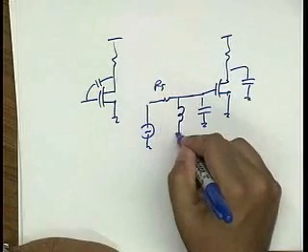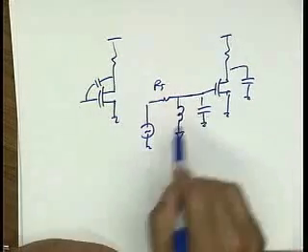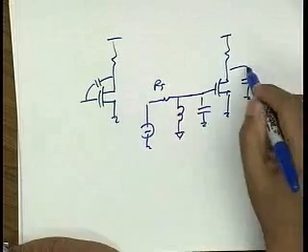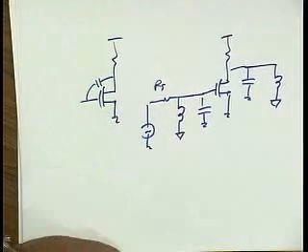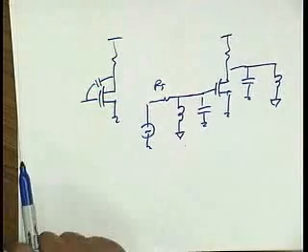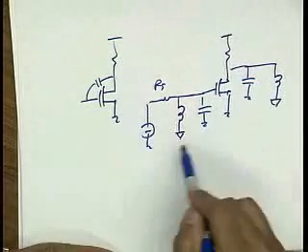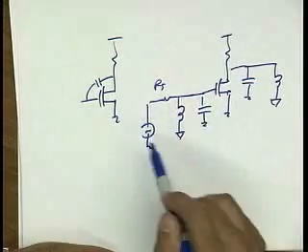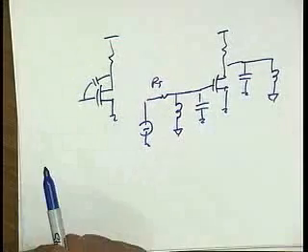Why not simply put an inductor here to tune out this capacitance? Likewise, we could do the same thing at the output. We could just put an inductor here to tune out this capacitance. Now the input network looks like a parallel RLC circuit, and so does the output network.